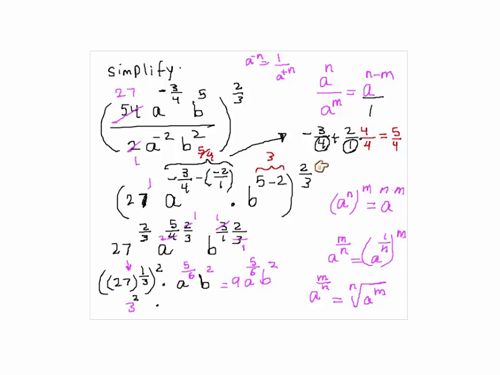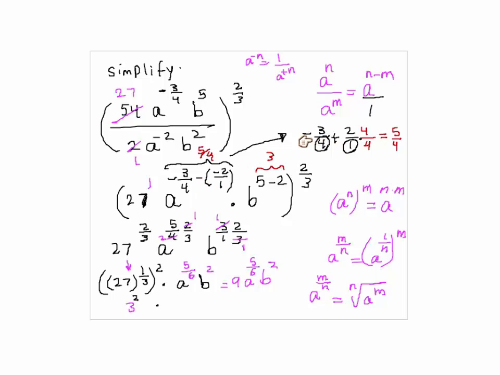Okay, so this is how you simplify this. Again, when you try to simplify a to the power of n over a to the power of m, you subtract the exponents. The exponent here is minus 3/4. This is minus 2 over 1. So it would be minus 3/4 minus 2 over 1.